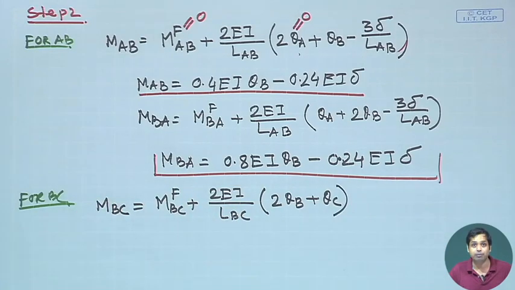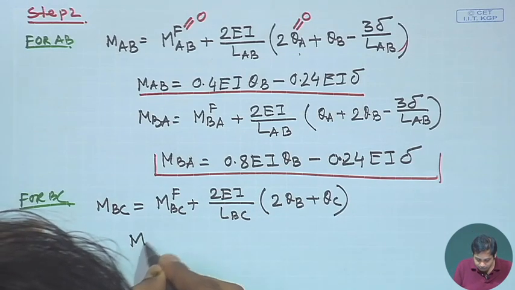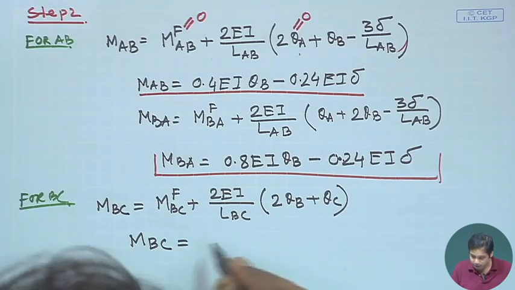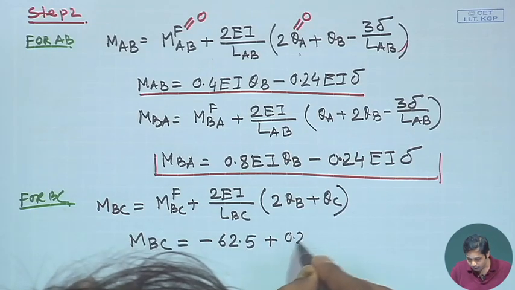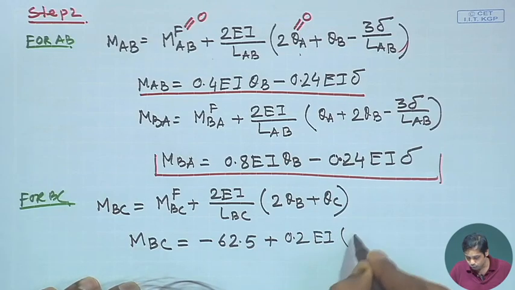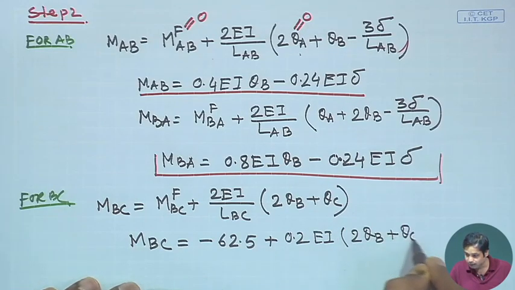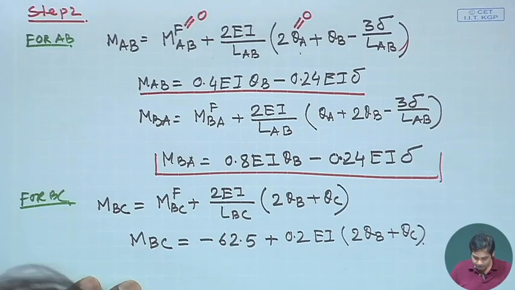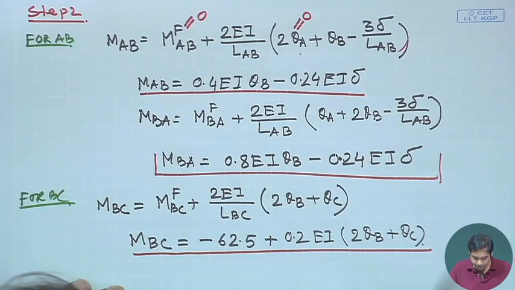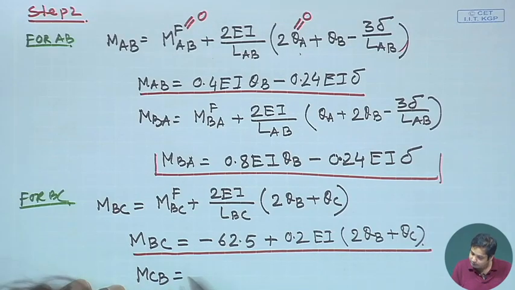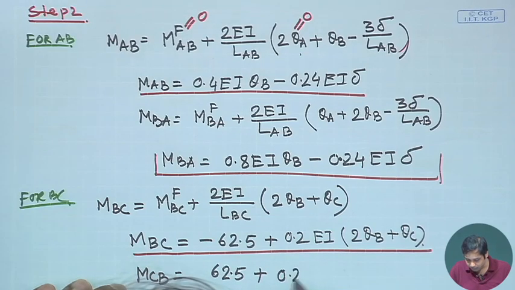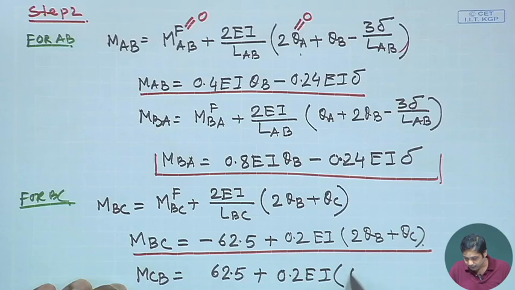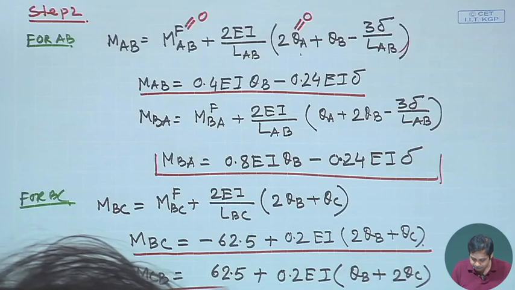If we substitute all the corresponding values, MBC becomes minus 62.5 plus 0.2 EI into 2 theta B plus theta C. This is for BC, and similarly for CB we get a similar expression: 62.5 plus 0.2 EI into theta B plus 2 theta C. So, this is for BC, this is for CB.